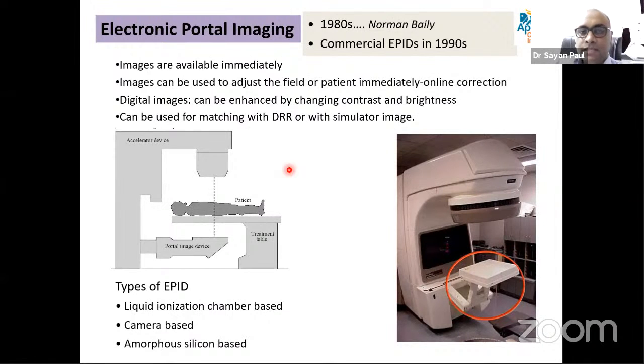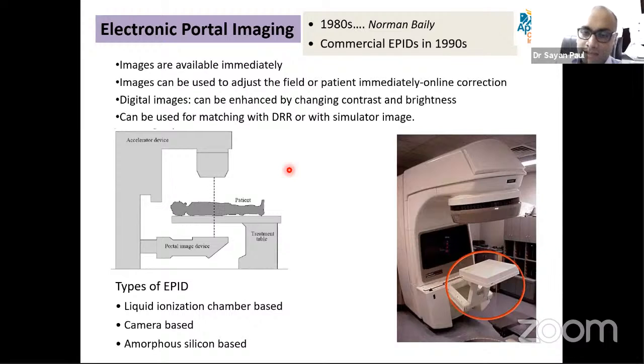It captures the image and sends the digital image to the treatment console room on our computer screen, and we can see the digital image. So the benefit is you can do online correction. You get the images immediately, and you can change the contrast and brightness of the image to visualize it properly. You can match it with the digitally reconstructed radiograph or with the simulator image.